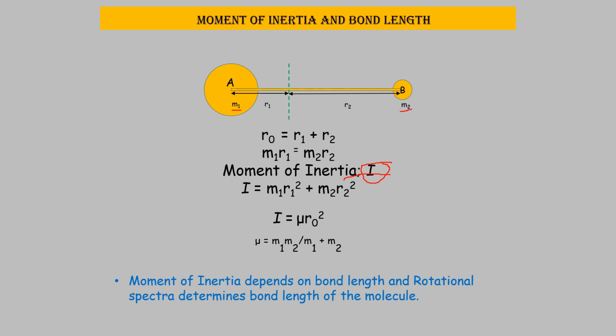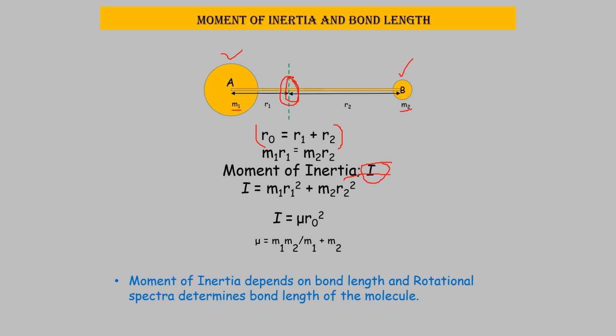Then R0 equals R1 plus R2, where R1 and R2 are the distances between the center of gravity and atoms A and B respectively. As the molecule rotates about the center of gravity, M1R1 equals M2R2. Thus the moment of inertia about C, the center of gravity, is I equals M1R1 square plus M2R2 square.